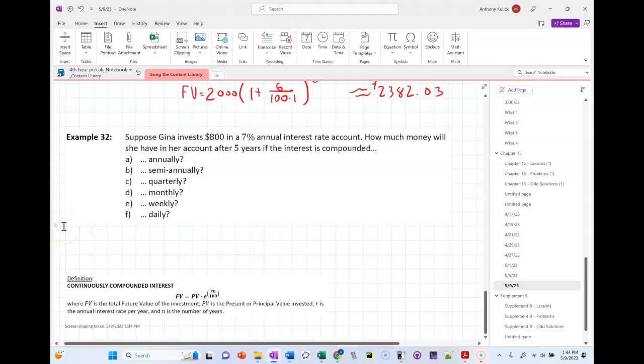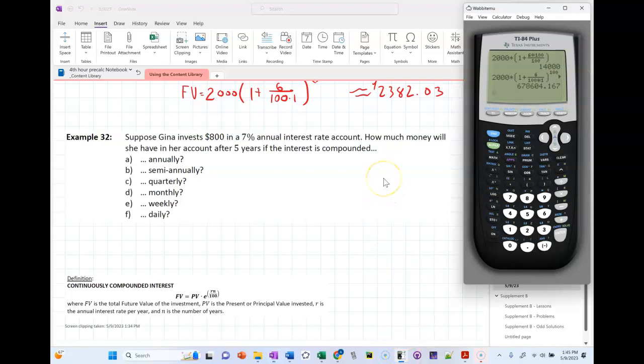How much money will she have in the account after 5 years if the interest is compounded annually, semi-annually, quarterly, monthly, weekly, daily, etc.? I'm going to just do all of this in my calculator because I'm basically changing 2 numbers for each of these questions, and I don't want to rewrite them every single time. Does that feel okay to you guys?